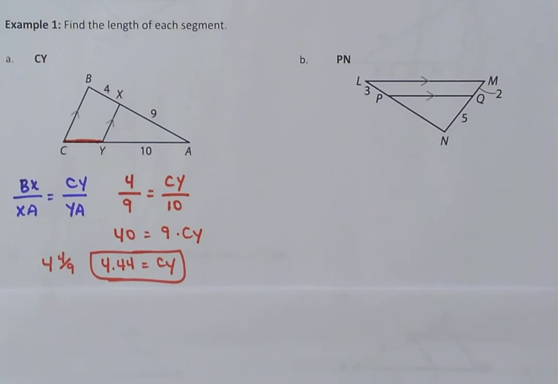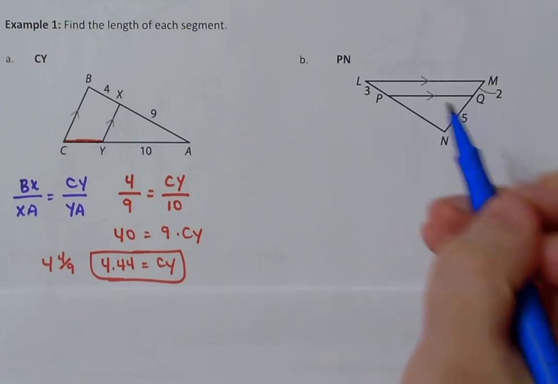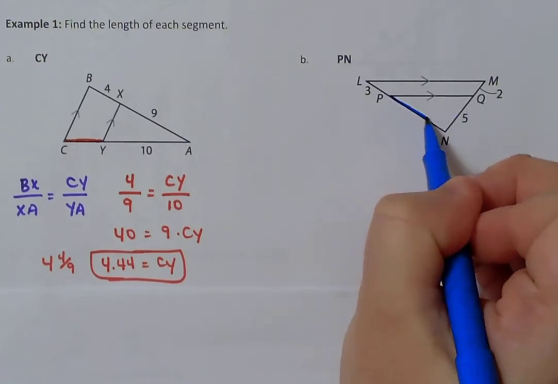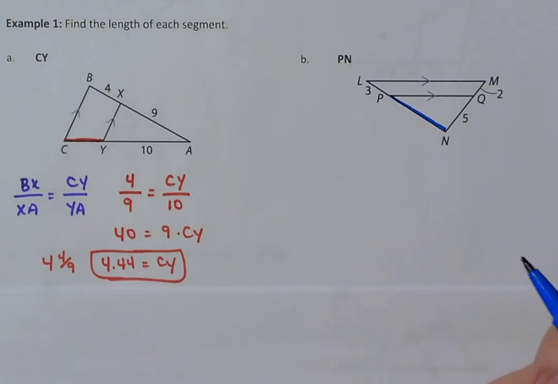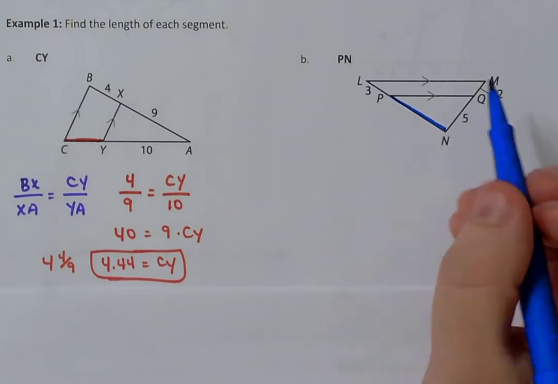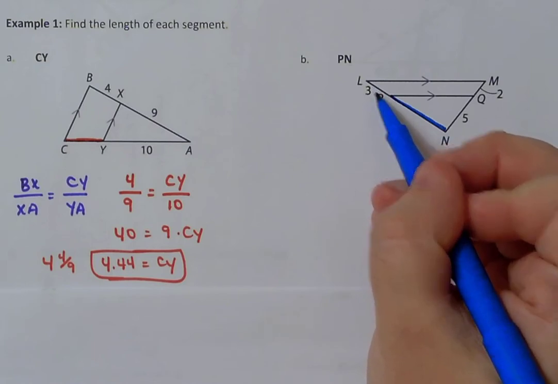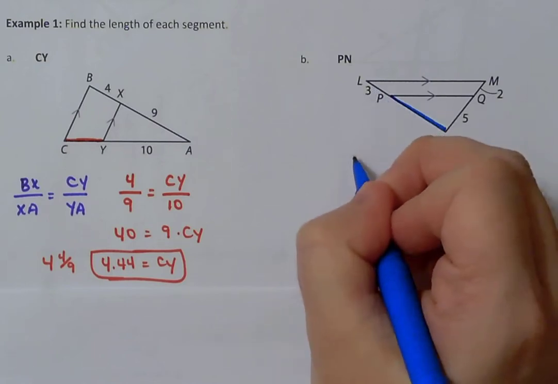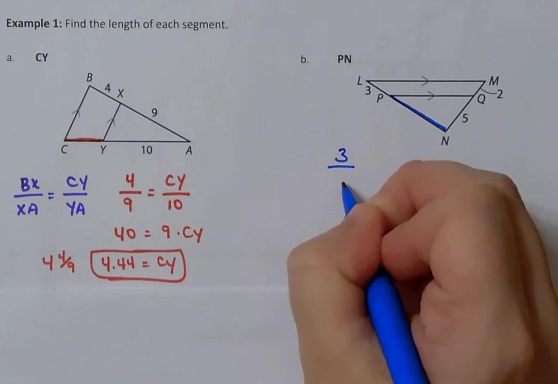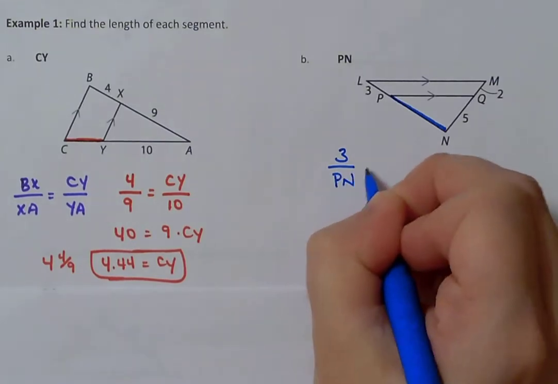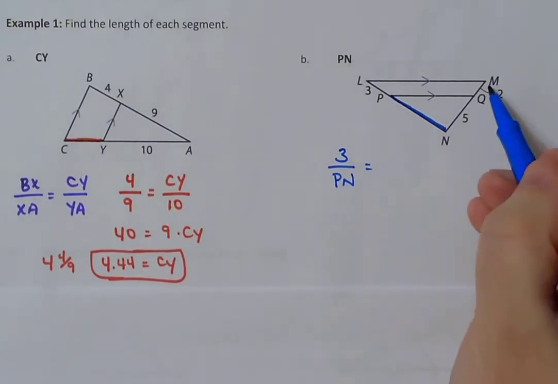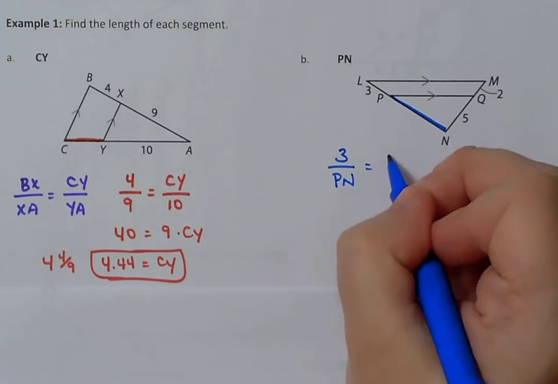So let's go ahead and practice another one. If we look at B, we need to figure out the length of PN, so that blue side length right there. So if we take LP over PN, that's going to be 3 over PN equals 2 over 5.